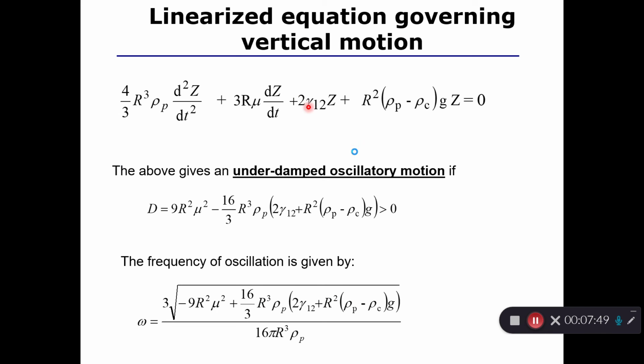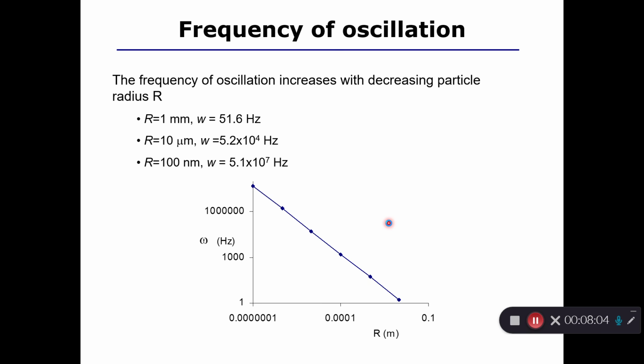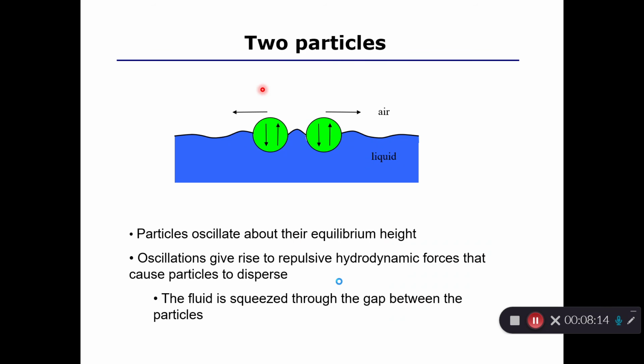I also mentioned the particle used to oscillate, and we can find out the frequency of that oscillation using this mathematical expression. Again, what we are seeing here is when the particle size is going down, the frequency of oscillation is going up. And the same is true when two particles are coming in contact with the liquid surface.